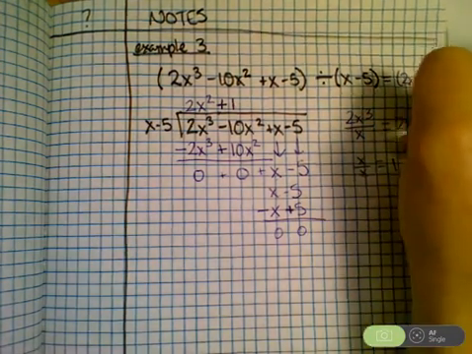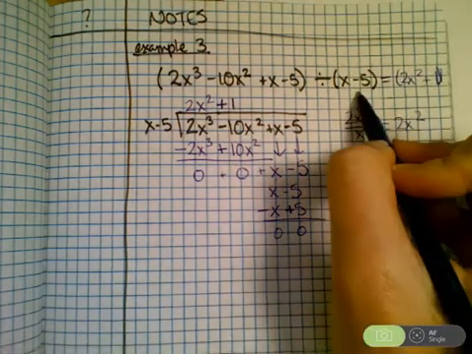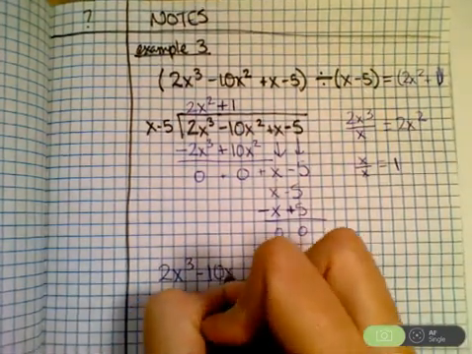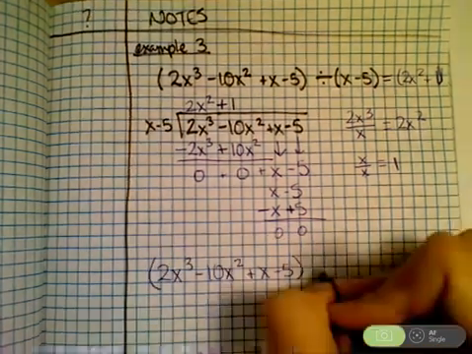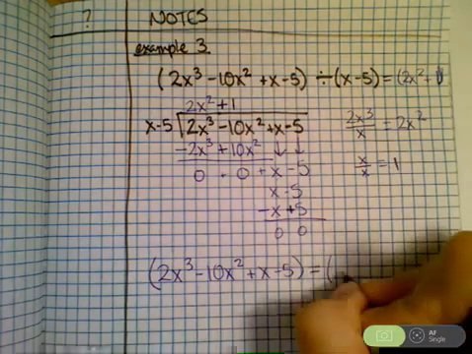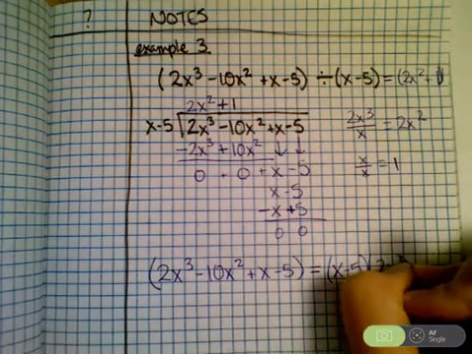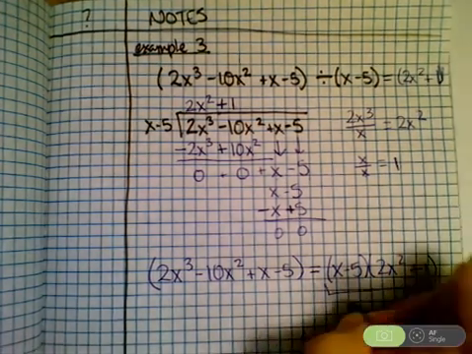So really, in this case, again, we have no remainder. We've found that these are both factors of 2x cubed minus 10x squared plus x minus 5. So that problem is equal to x minus 5 times 2x squared plus 1. We call this the factored form.